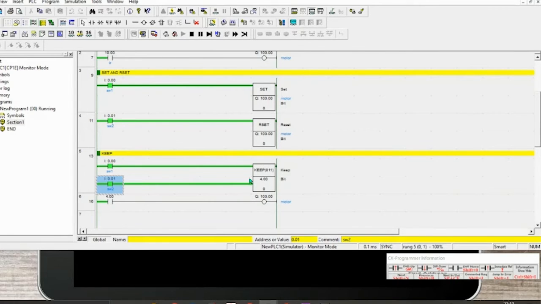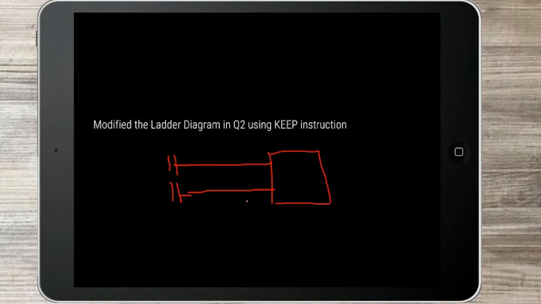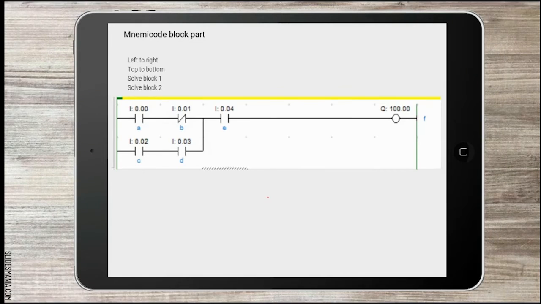Tapi disebabkan kedua-dua ini dalam keadaan dominant off, maksudnya apa-apa pun bila saya tekan off, apa-apa tidak akan bergerak. Okay, ini salah satu example lah. Kalau kita nak buat ladder diagram, selain menggunakan latching, menggunakan set dan reset, kita boleh gunakan ni.